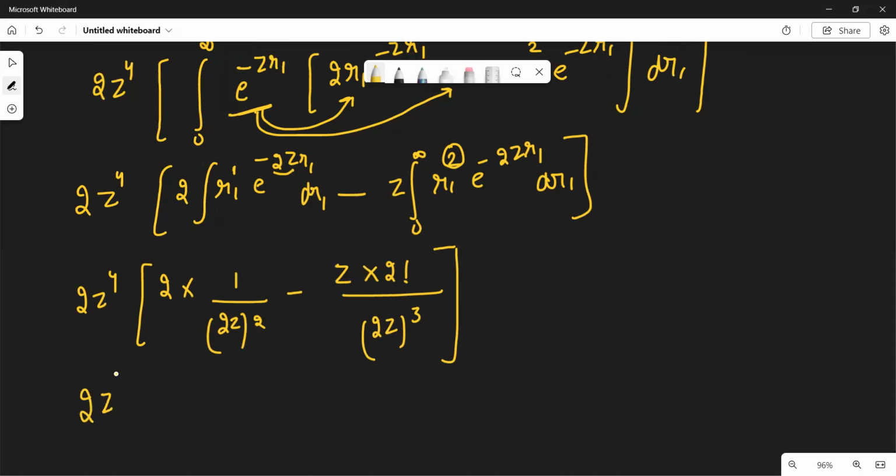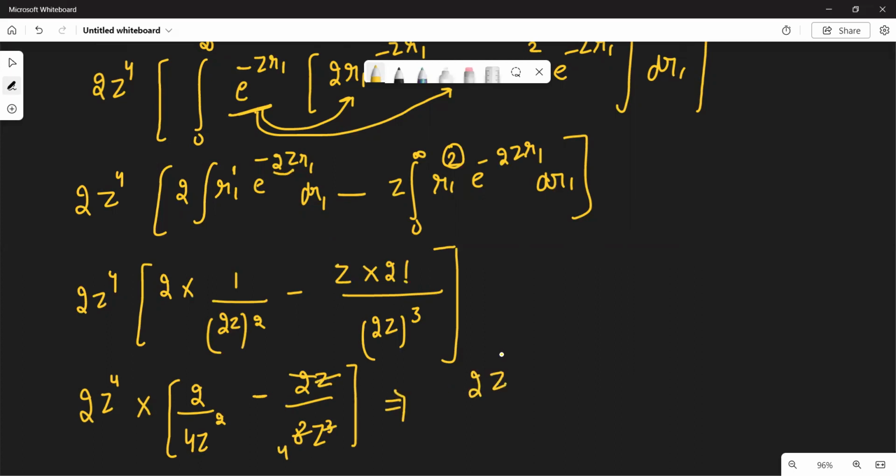So we will solve it and let's see which result we are getting. So 2 by 4z square minus 2z by 8z cube. So we will cancel out the terms. 2z power 4 multiply by 2 by 4z square minus, we are left with 1 by 4z square.